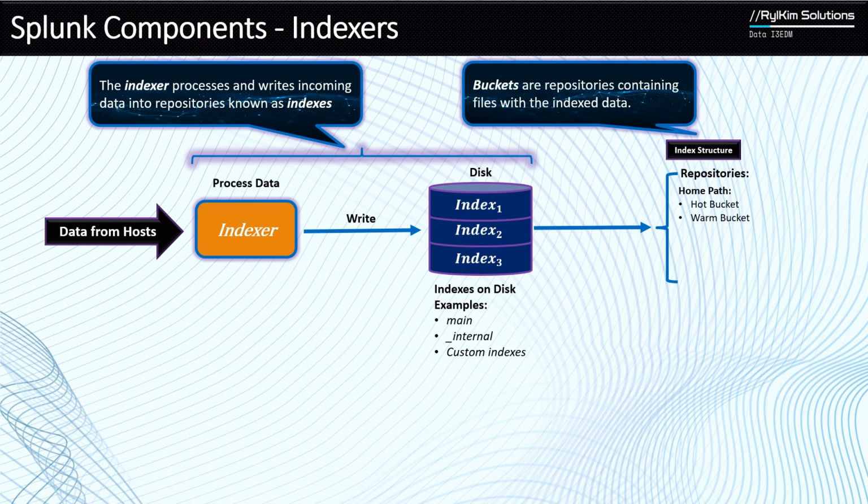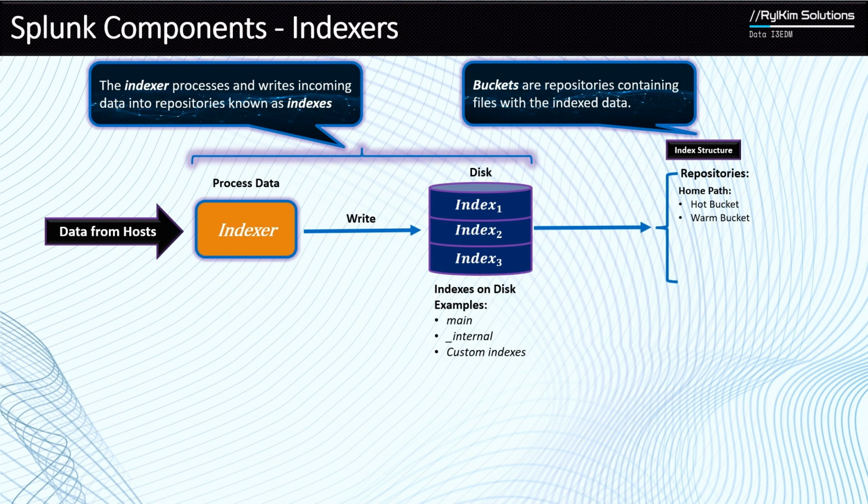Now, what are the kinds of buckets that you can see within the index? The first one is what we call the hot and warm buckets. They are found in the home path. So first of all, you have the home path repository, and when you go deep into that, you're going to find hot and warm buckets. Hot buckets are the buckets that Splunk is actually writing data into when you are indexing your data. Now, after some size or time constraints, when the bucket gets to a certain size, or if it doesn't get to that size but gets to a certain time, that bucket is going to roll over and become a warm bucket.